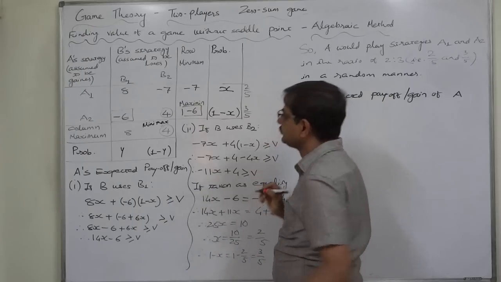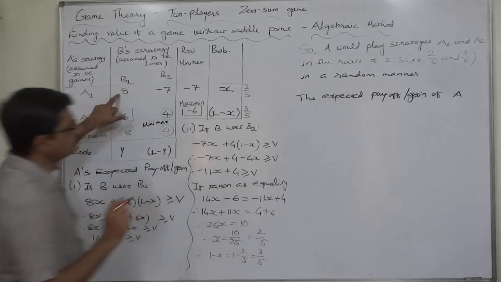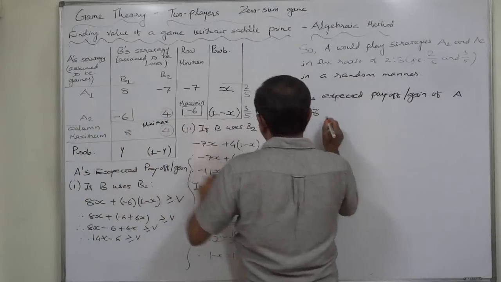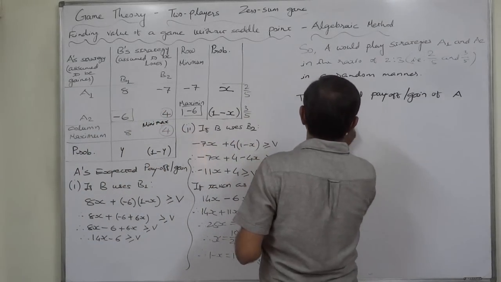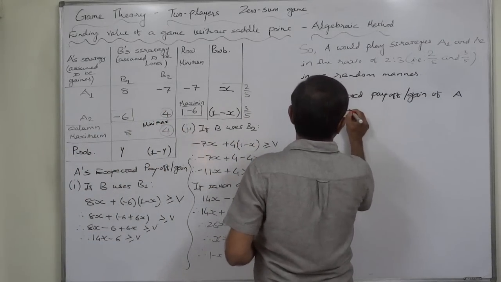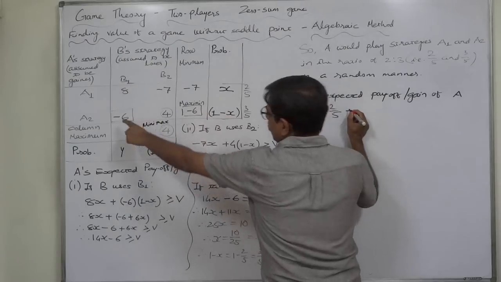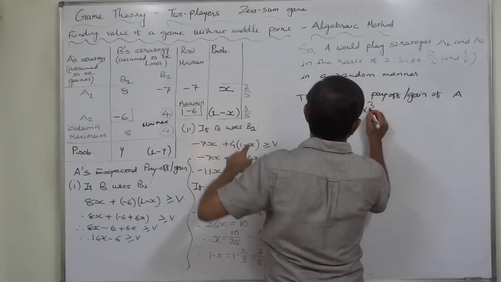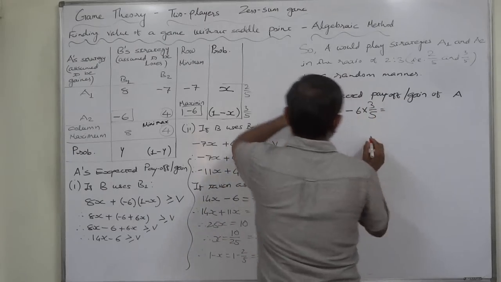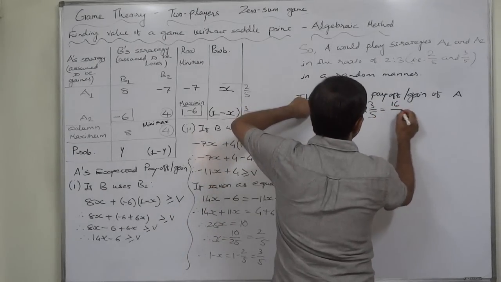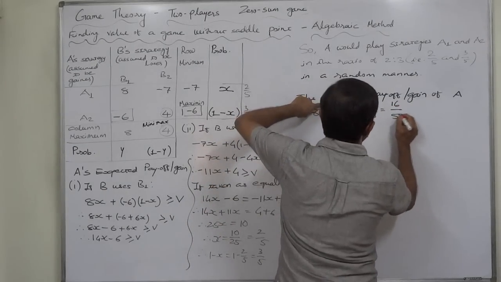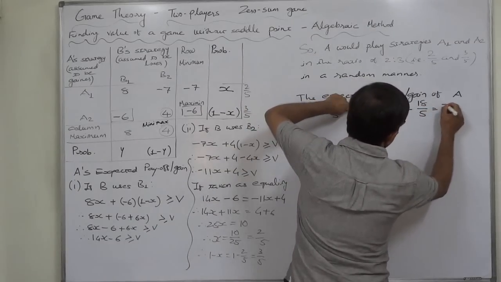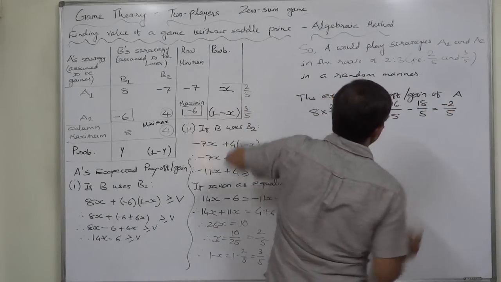That will be 8 into x, that is 2 by 5, minus 6 into 3 by 5. So that will be 16 by 5 minus 18 by 5, that is minus 2 by 5.